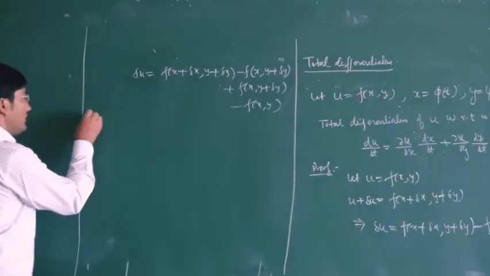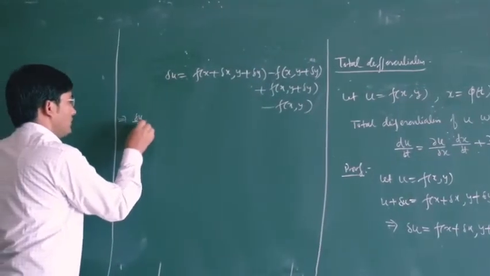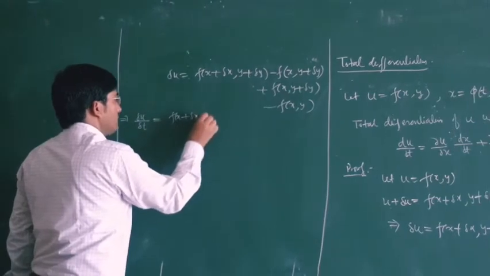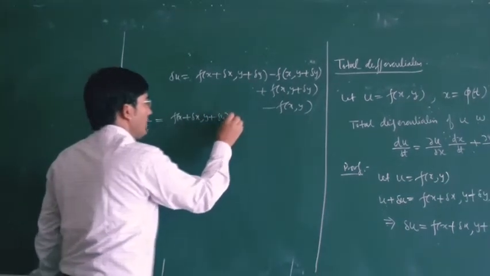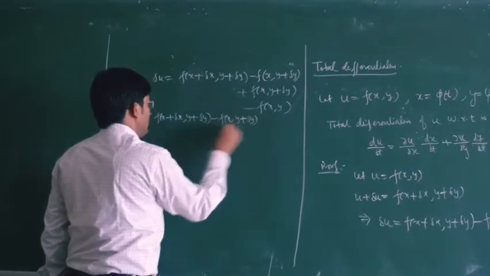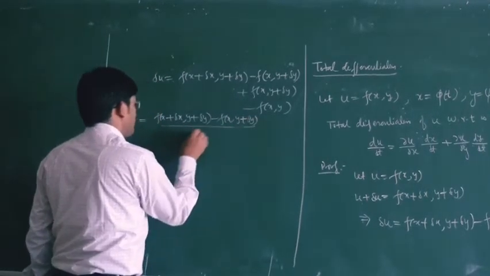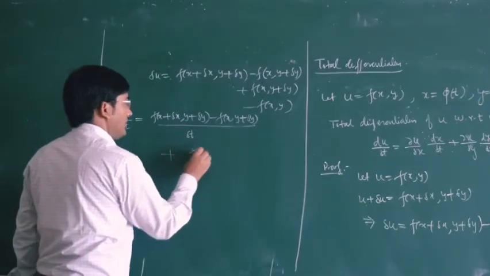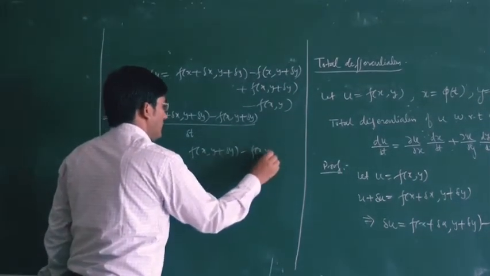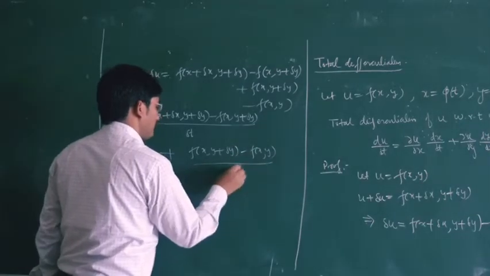So delta u upon delta t will be f of x plus delta x comma y plus delta y minus f of x comma y plus delta y divided by delta t, then f of x comma y plus delta y minus f of x comma y divided by delta t.